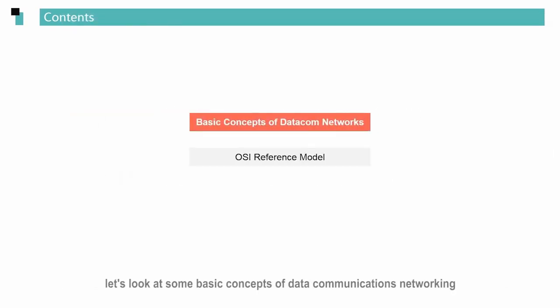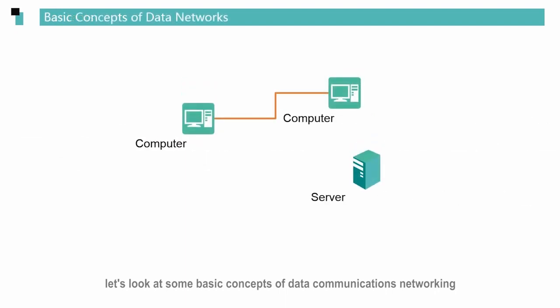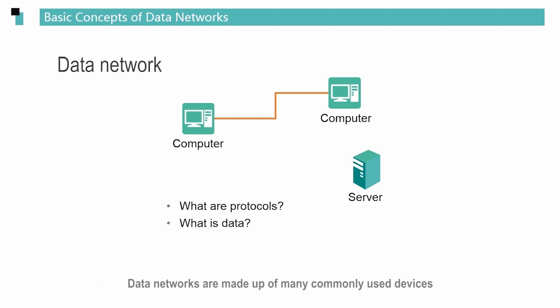First, let's look at some basic concepts of data communications networking. Data networks are made up of many commonly used devices, such as routers, switches, firewalls, and load balancers.